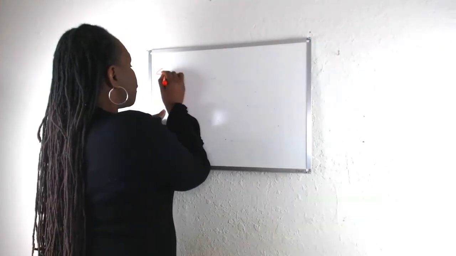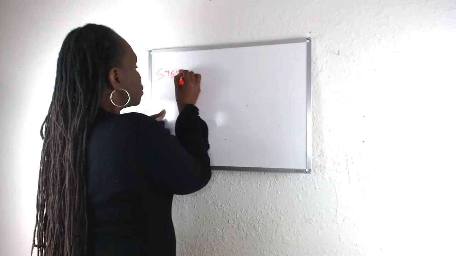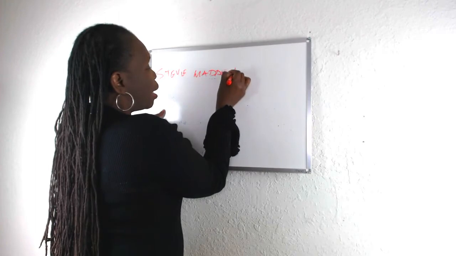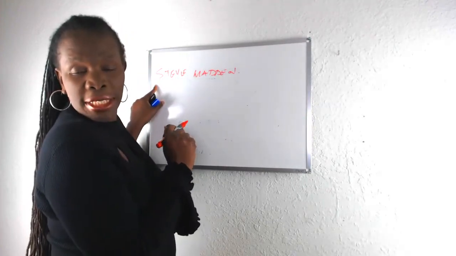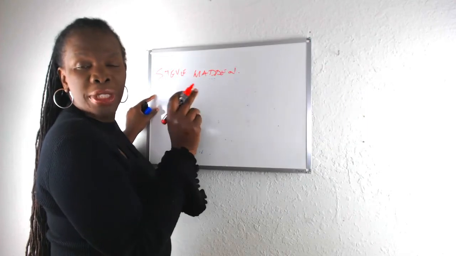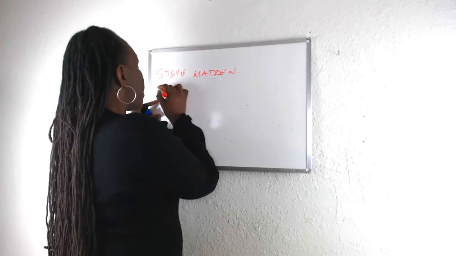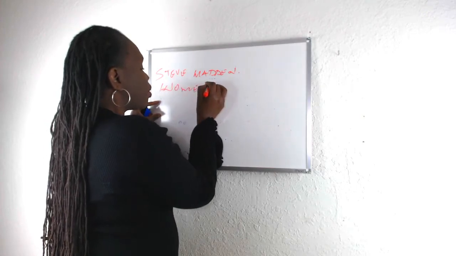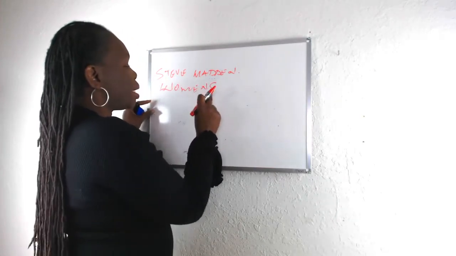I'll write Steve Madden. That's who makes it. Steve Madden makes these boots. And whose boots are these made for? They are made for women. So I'll write women's. Remember, no special characters, just write women's.